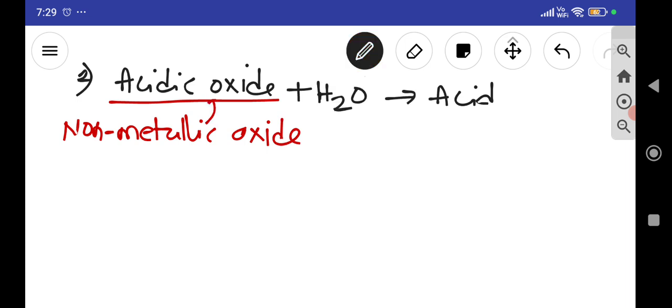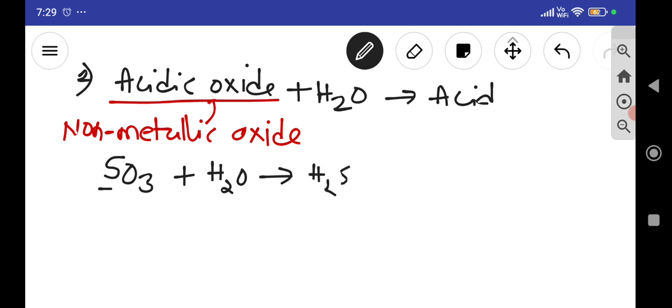So you can take examples. If you take SO3, it is a non-metallic oxide of sulfur. On addition of water, you are going to get H2SO4, that is sulfuric acid. Because the non-metallic oxide is giving you an acid, it is also called an acidic oxide. Hope you have understood this.